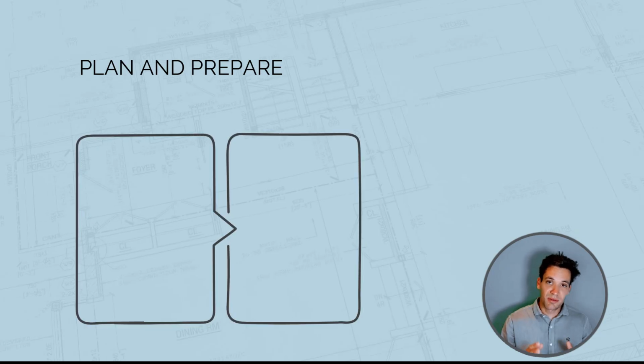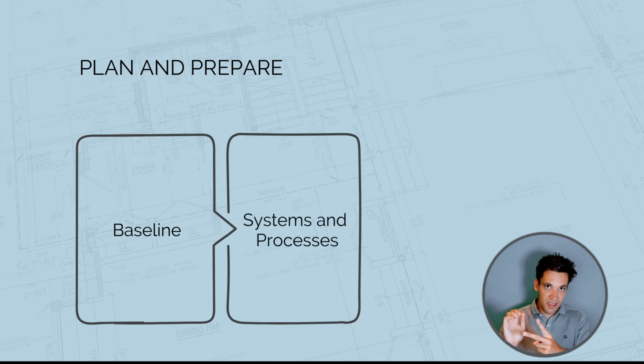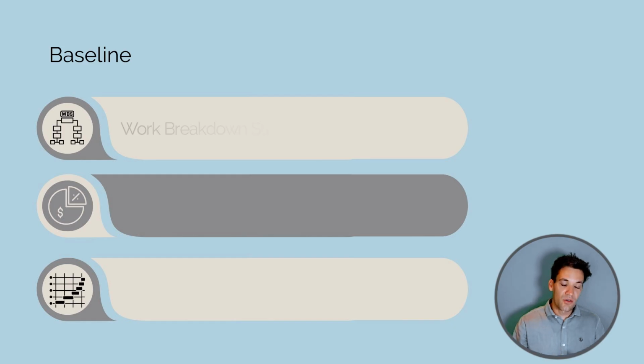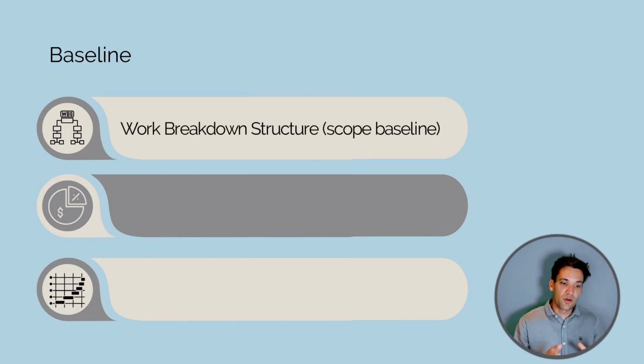Next, you need to start planning and preparing to do the works. There's 2 components to this. There's developing your baseline, and then there's establishing your systems and processes. Our baseline consists of our scope baseline. So this is a work breakdown structure where we've taken the project scope and decomposed it into component pieces. We also need a budget.